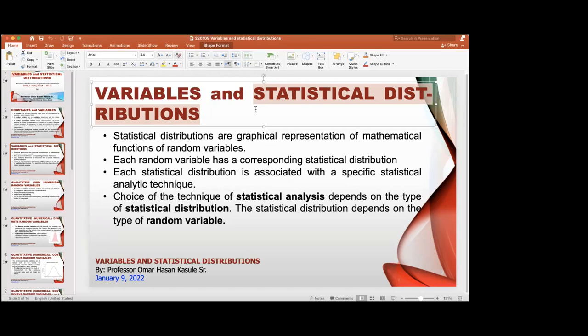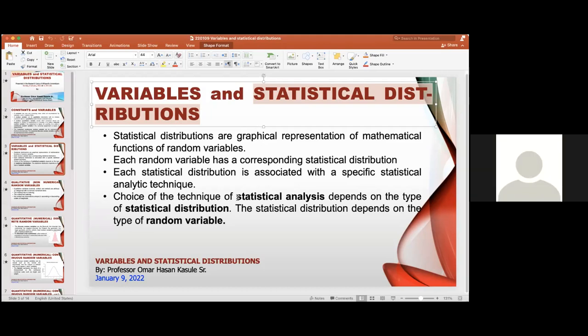And there are many statistical distributions, but you need to remember that the statistical test that you carry out depends on the type of statistical distribution that you have. Only you need to remember this. The rest is details. Statistical distribution is when you graph, you put a random variable, either by measurement or by counting, on a graph paper.